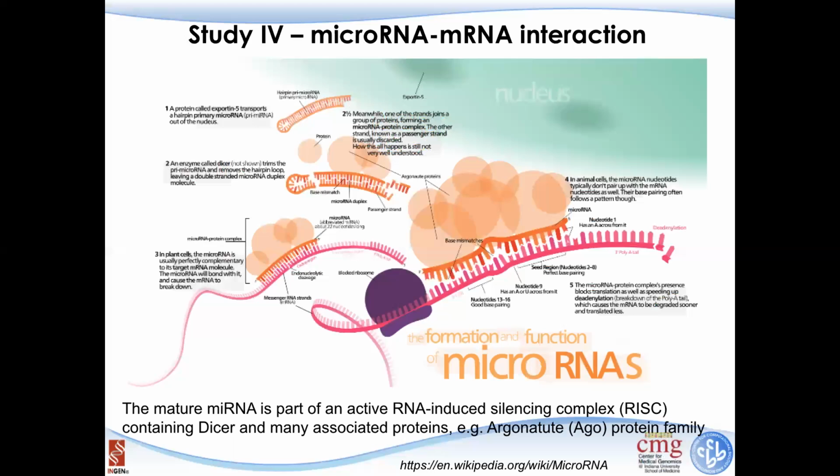So this study tried to identify microRNA and messenger RNA interaction. But you may ask me a question. You know the microRNA sequence should match messenger RNA. Why can't we predict those targets? Yes, we can, but there is a very high false positive rate. The reason is that in plants, it's fine.